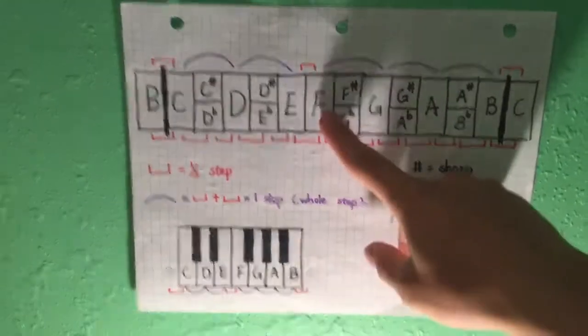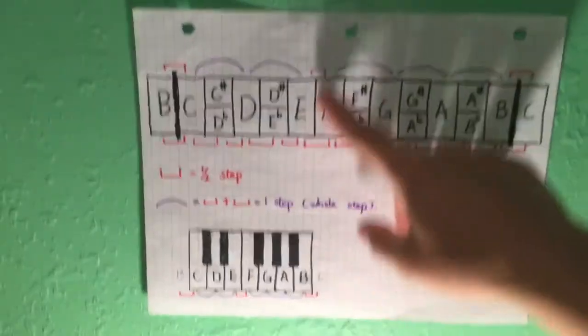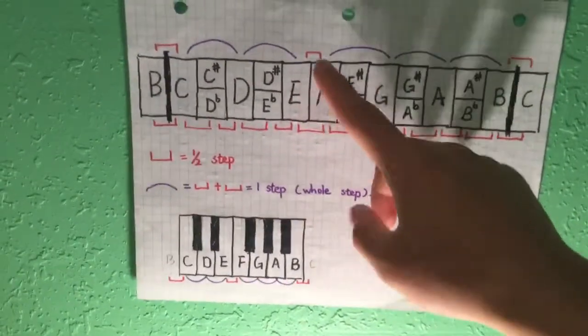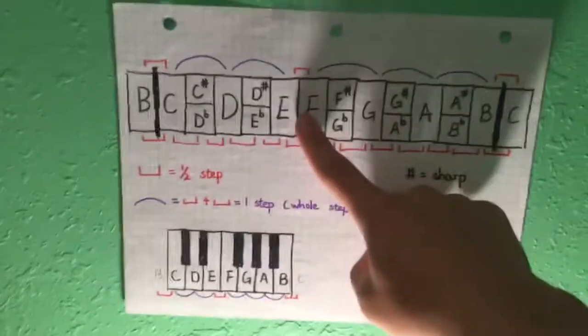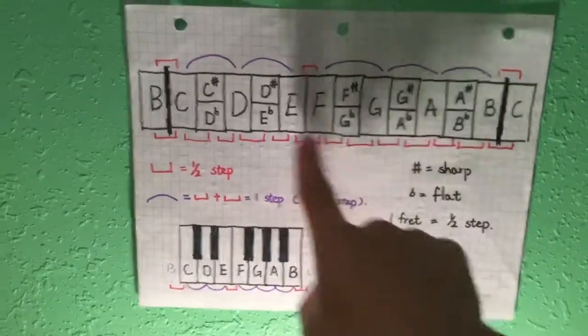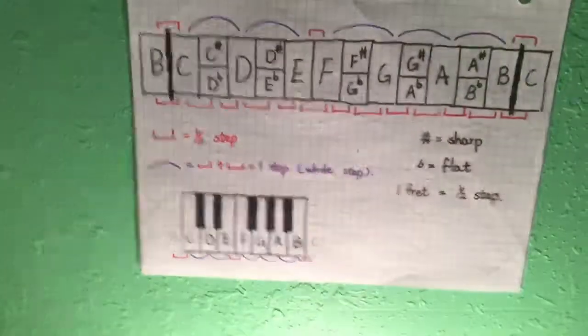So E sharp is basically the same thing as F. So you cannot put a note between these, because E sharp is F and F flat is E. Sorry, my bad.